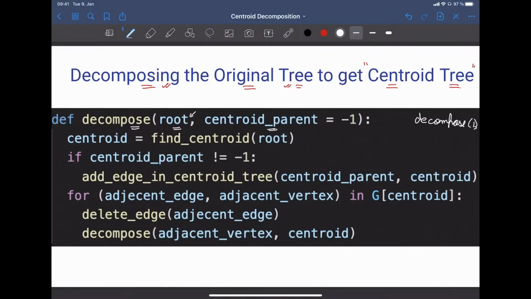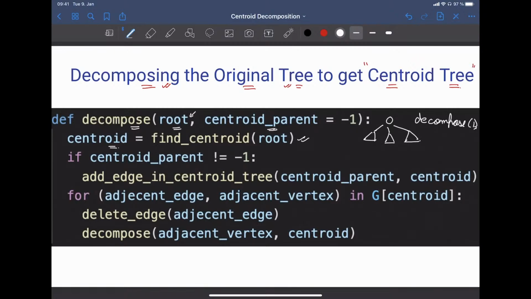The first thing is that you find the centroid of this tree. We already know how to find the centroid of a given tree. Now you have the centroid. Suppose this is the centroid, and suppose these are the subtrees if you root the tree on the centroid.